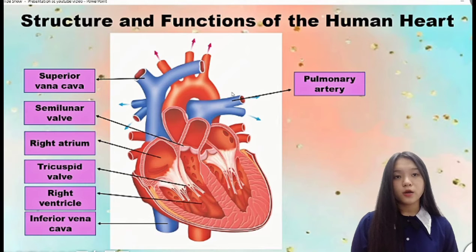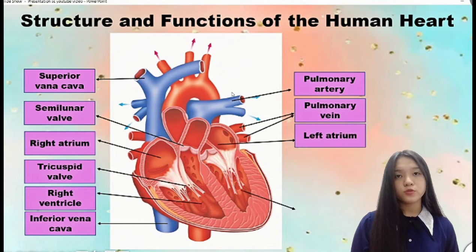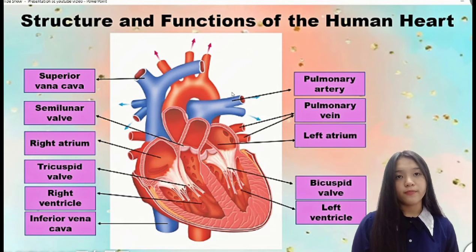Next, the oxygenated blood from the lungs enters the pulmonary vein into the left atrium. When the left atrium contracts, oxygenated blood is forced to flow into the left ventricle through the bicuspid valve. The bicuspid valve allows the flow of blood in only one direction, from the left atrium to the left ventricle.